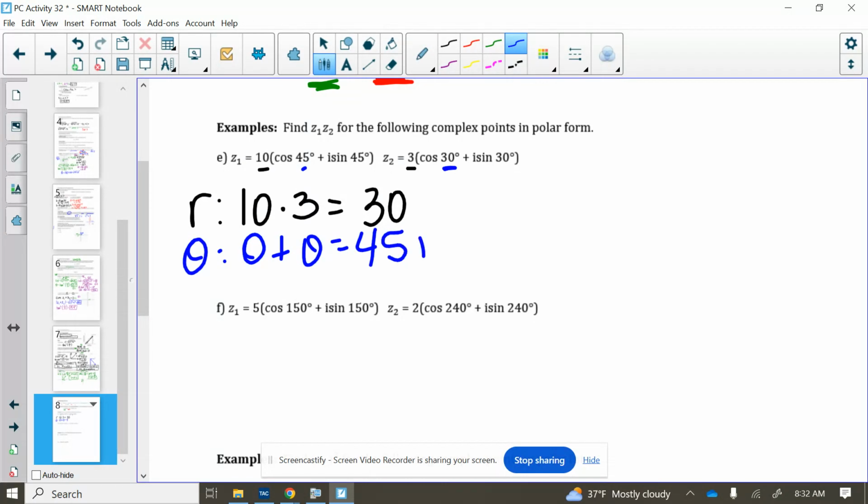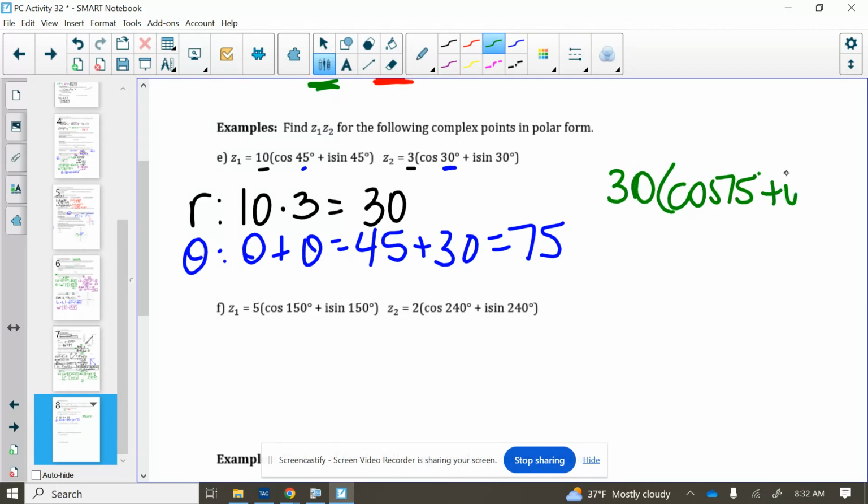So 45 plus 30 is 75. So when we write our final answer, that r value we just found on the outside, and then cosine 75 plus i sine 75. Or again, you might see it represented in cis notation.